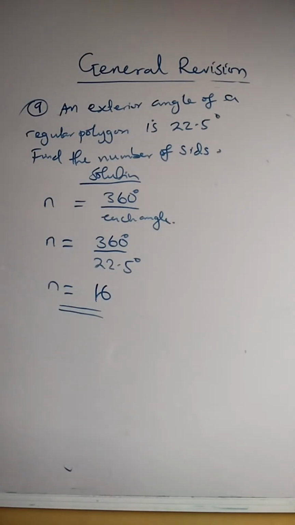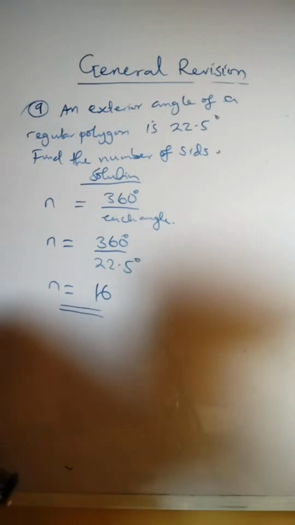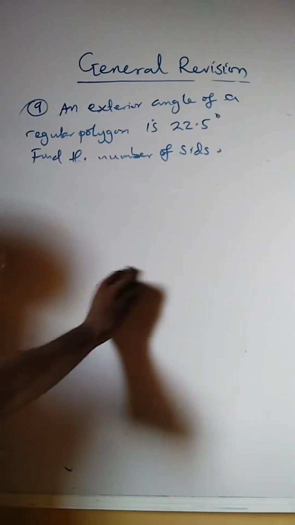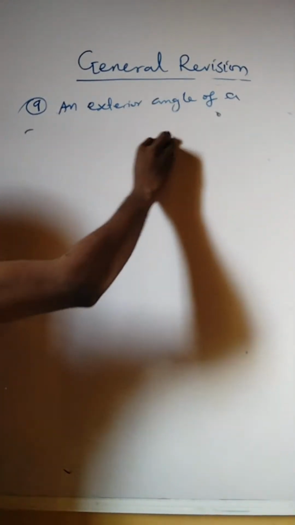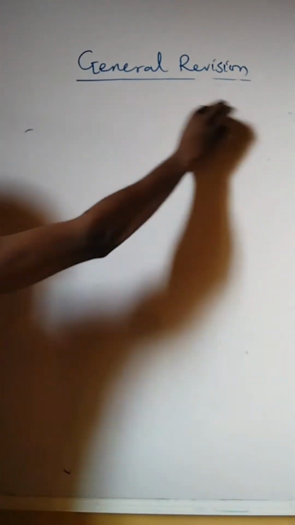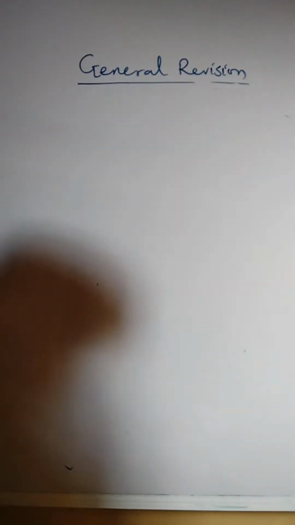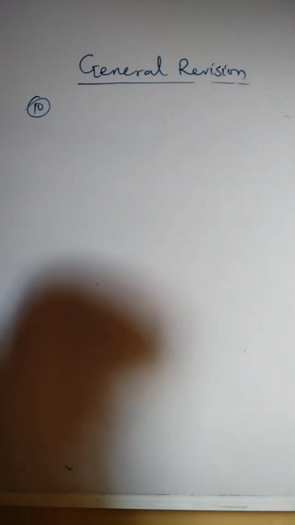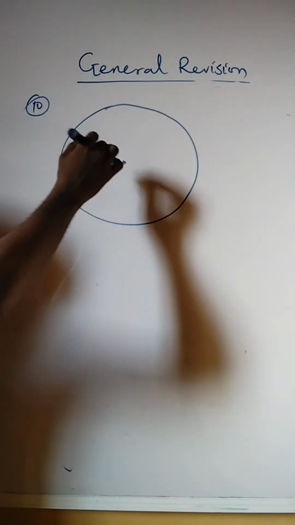Okay, let's look at another interesting question. We label this question as question 10, and we have this diagram here. You have a circle, and this is the center of the circle.